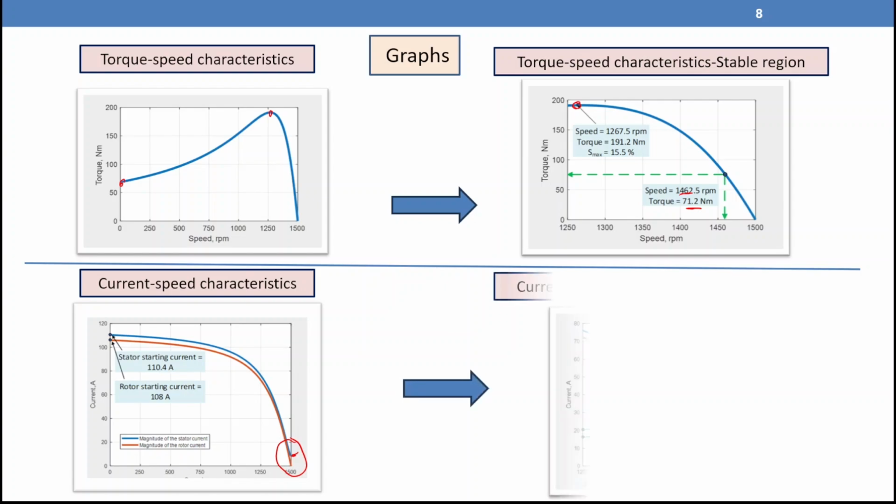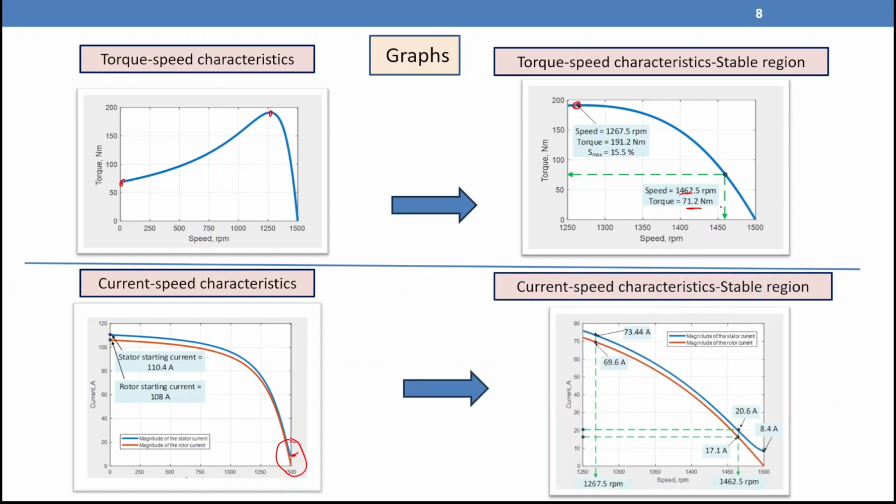Looking at the stable region and specifically at slip 2.5%, the rotor current is 17.1 ampere. I'm speaking about the magnitude here, and the stator current is 20.6 ampere. If you look at this point, the magnetizing current is 8.4 ampere.